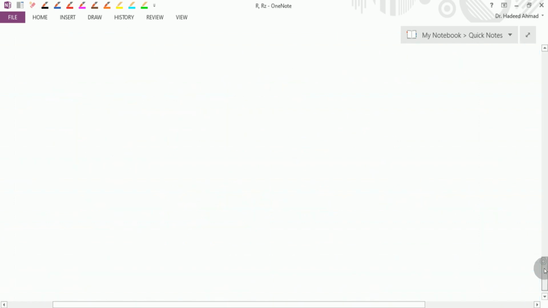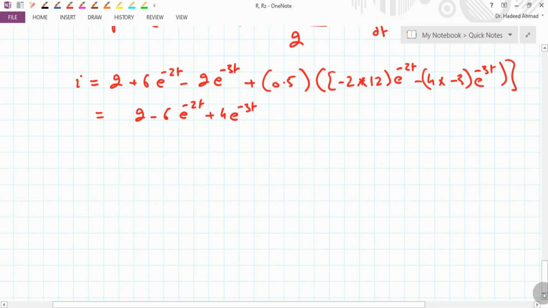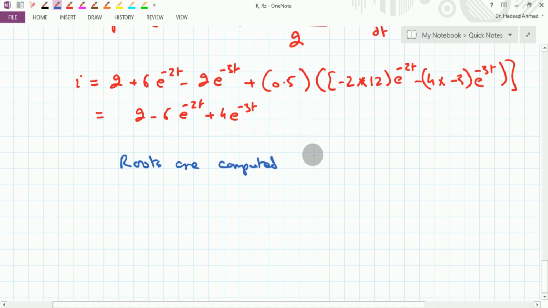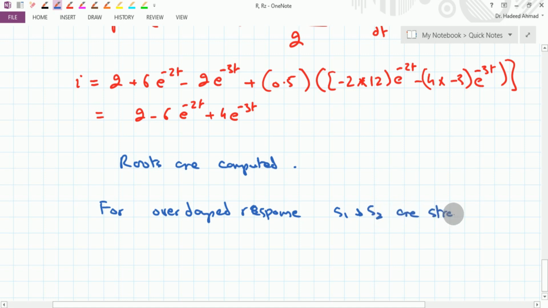The last thing that I would like to summarize here is that when we compute the roots, this is very important. When the roots are computed and we want to find out the response, then for an overdamped response, S1 and S2 are straightforward, as I have explained in this example.